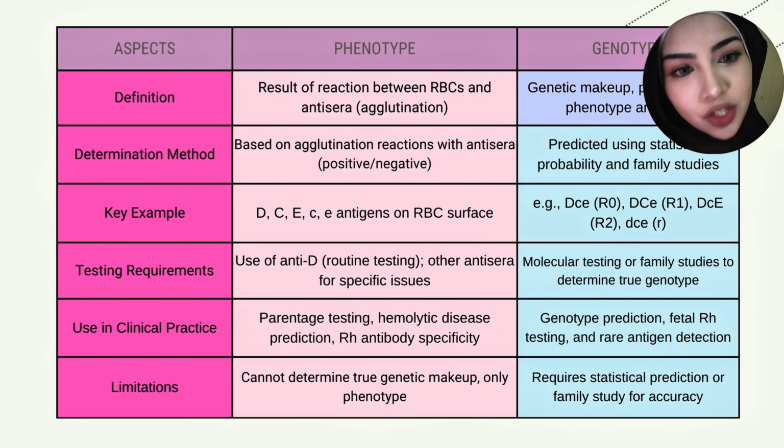Meanwhile, genotype is for genotype prediction, fetal Rhesus testing, and rare antigen detection. For limitations, phenotype cannot determine true genetic makeup, only phenotype. Meanwhile, genotype requires statistical prediction or family study for accuracy.